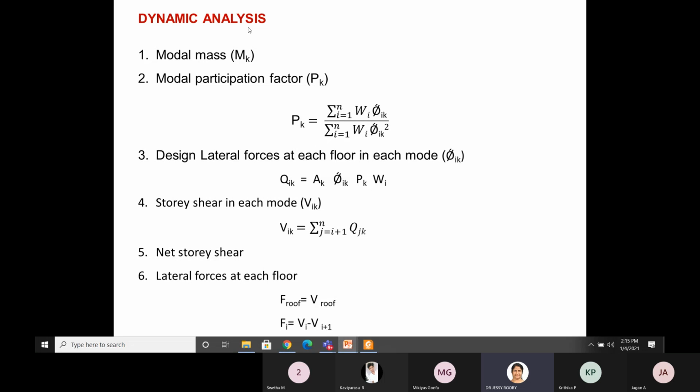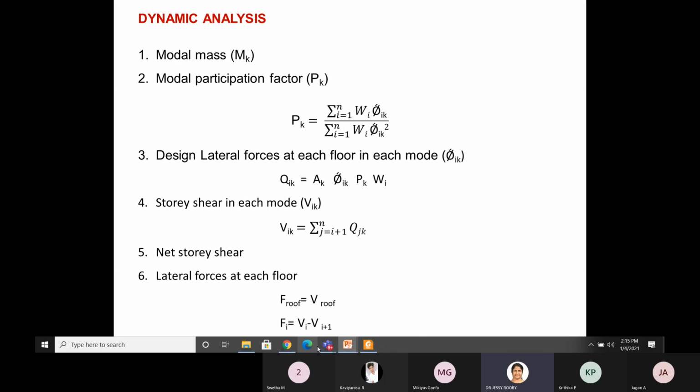Dynamic analysis. In dynamic analysis, there is a difference from the static analysis. I hope all of you must have studied structural dynamics.